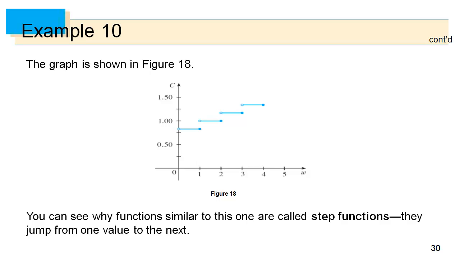So from 0 to 1, as the weight of the package goes from 0 up to 1 ounce, you're held at a constant price. And then as soon as it gets above 1 ounce, you now jump up and have a different constant price.